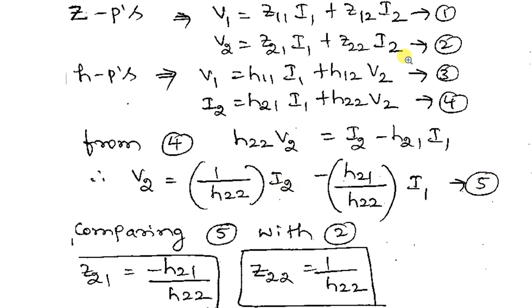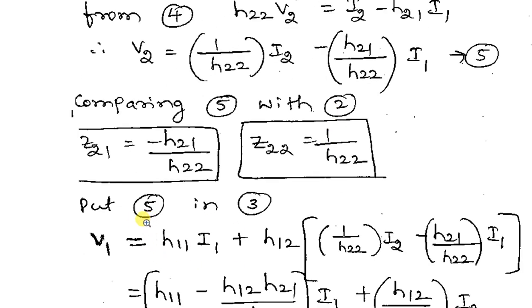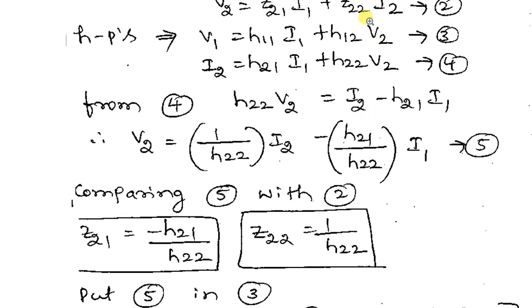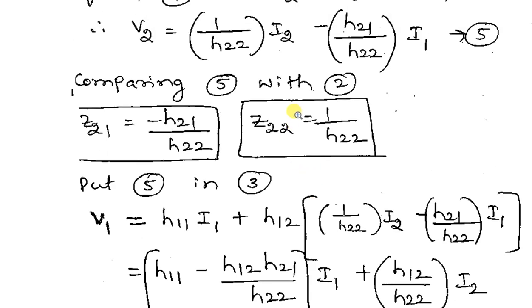So you have to substitute the V2 value from equation number 5 into equation number 3, in place of V2, this entire value. After that you are going to get this.